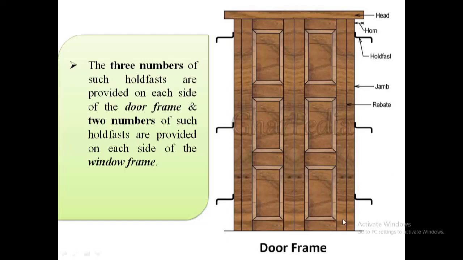Here you can see this is the door frame, and three of these hold fasts are provided on each side of it, and for the window frame it is two. Hold fasts keep the frame in position.